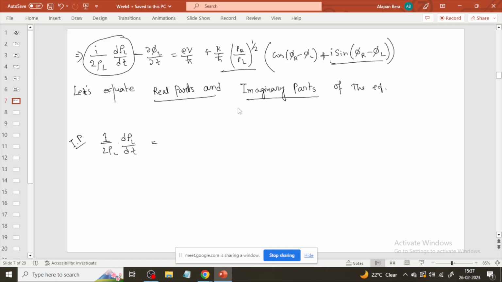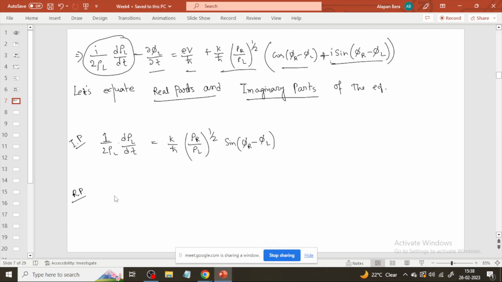so I can cancel i from each side. k by h bar root rho L rho R, half sine, phi R minus phi L. Okay, and the imaginary part and the real part is this one and this one and this one.